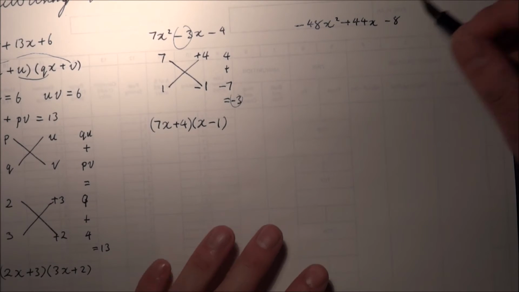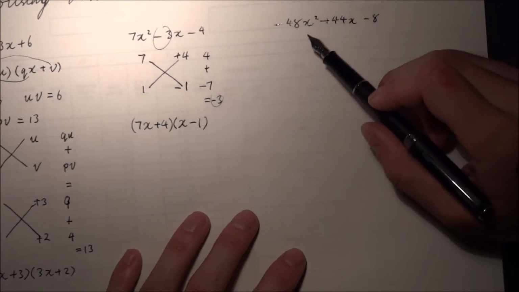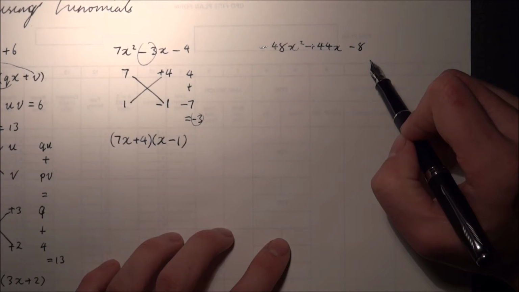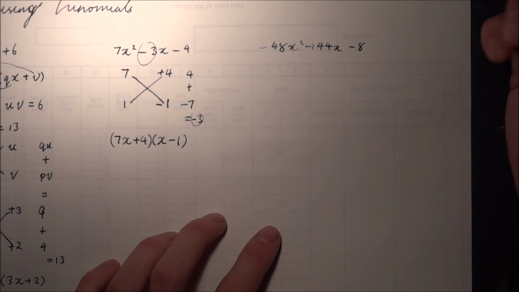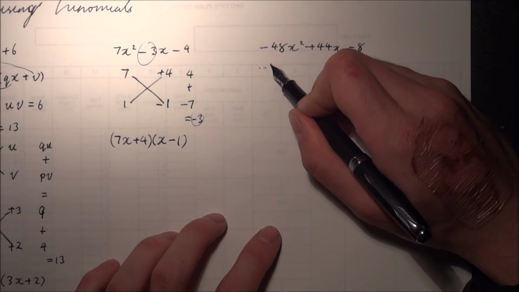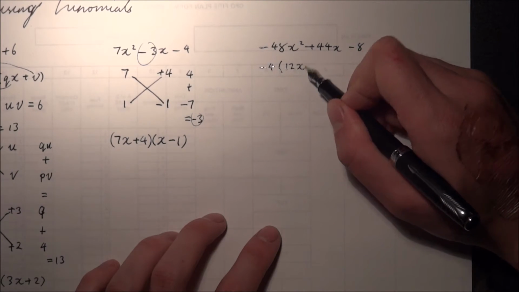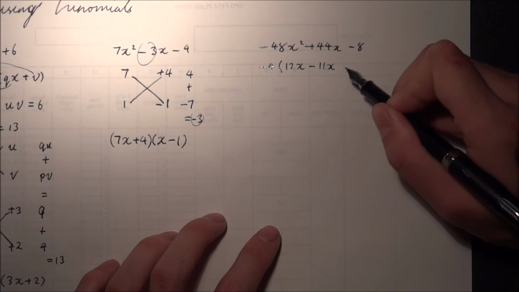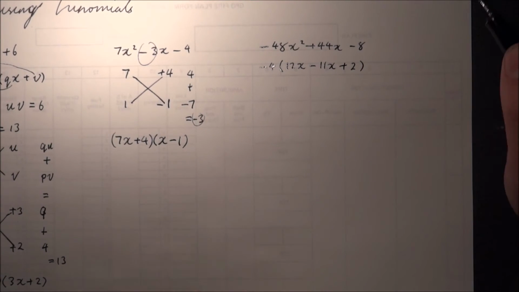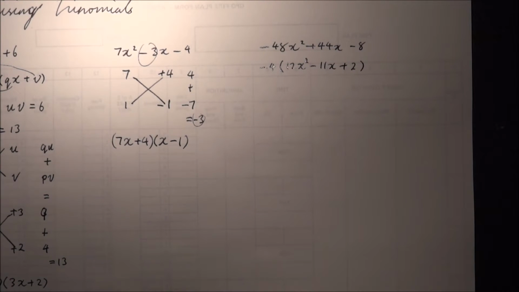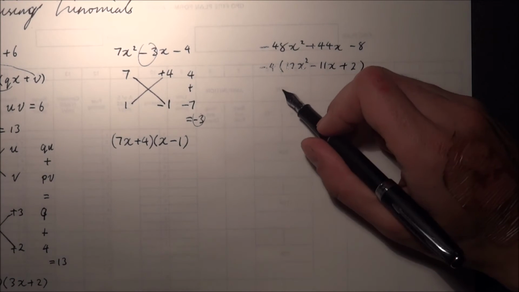Now, of course, once again, as you can see, the highest common factor between these three terms is negative 4. So we can extract it outside parentheses, and we'll end up with 12x squared minus 11x plus 2. Sorry, x squared here. So once again, we have to use the cross method.